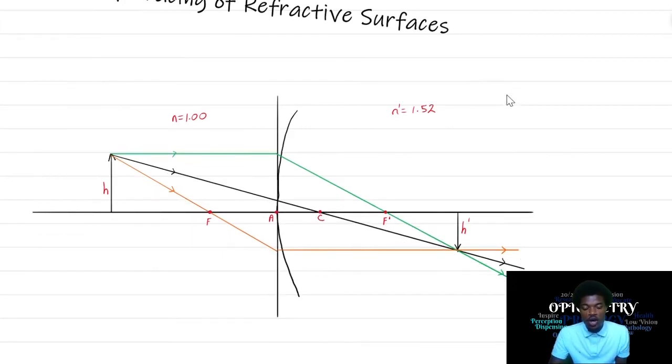Something to note, how do we know that the image is real? Real images are formed by converging refractive surfaces.